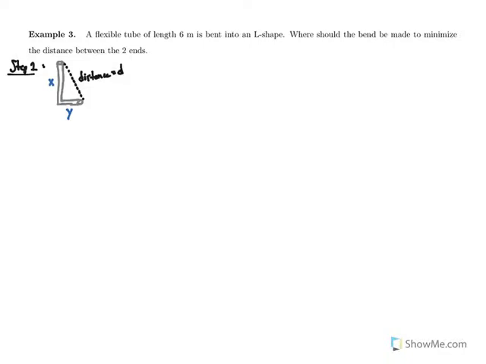Let's do some examples and maybe some what's not happening. If we have the bend made nowhere, so that's like x is equal to 0, y is equal to 0, the distance is just going to be 6 meters, right? We could make it maybe at x is equal to 1 and y is equal to 5.